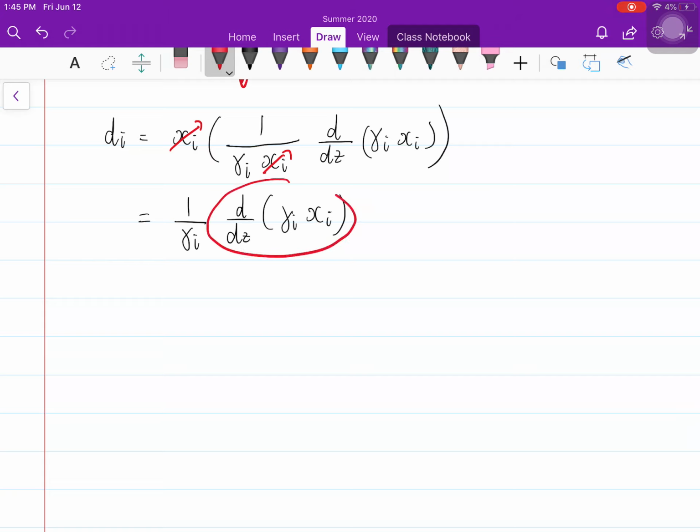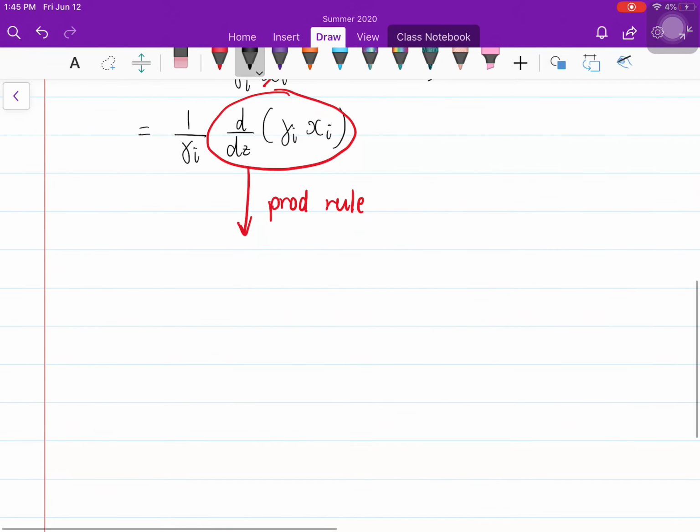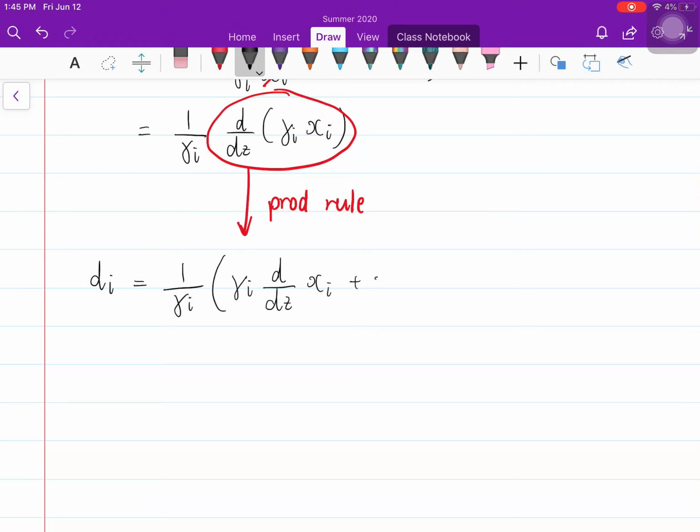Then to calculate this derivative, we need to use the product rule. Therefore, the driving force of i would be equal to 1 over the activity coefficient of i times the activity coefficient of i times the derivative with respect to position of the molar fraction of i, plus the molar fraction of i times the derivative with respect to position of the activity coefficient of i.